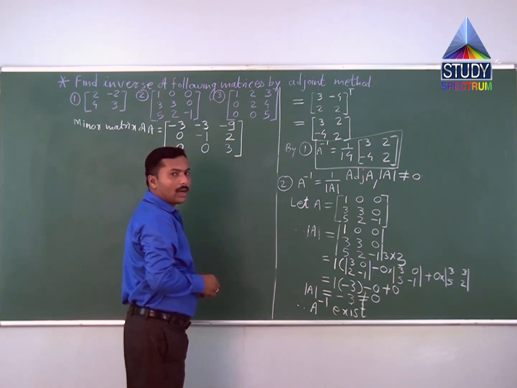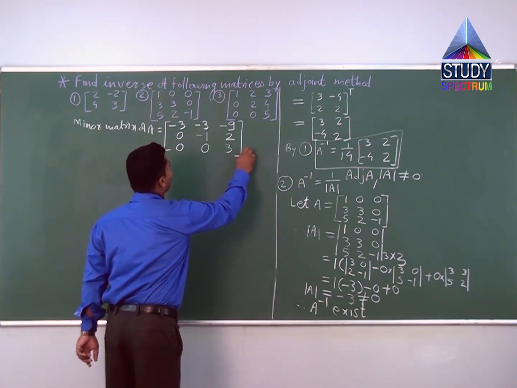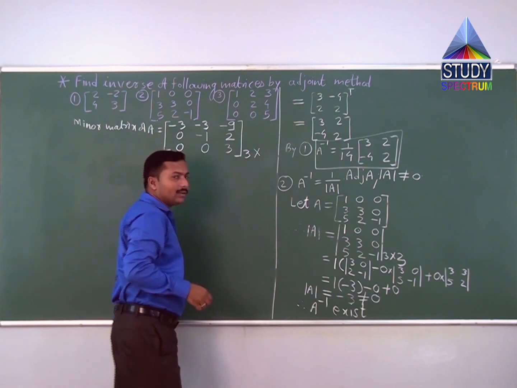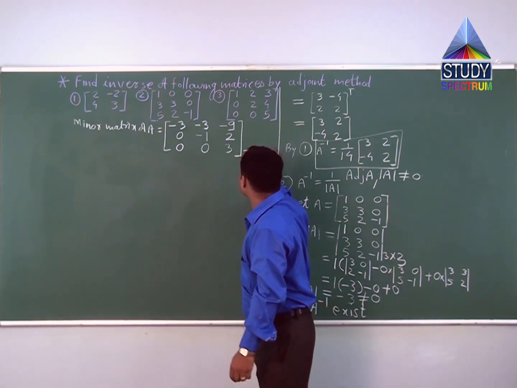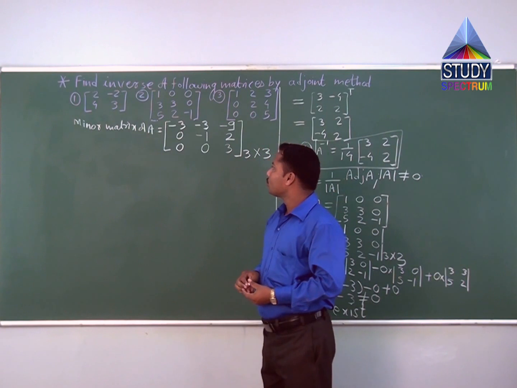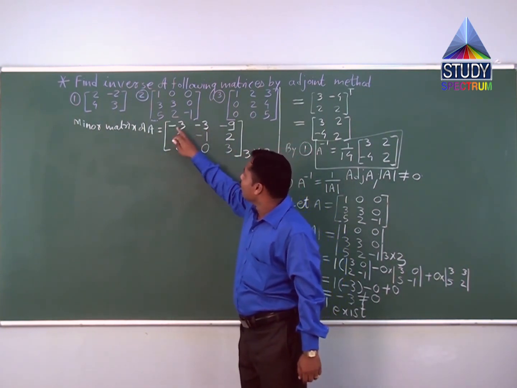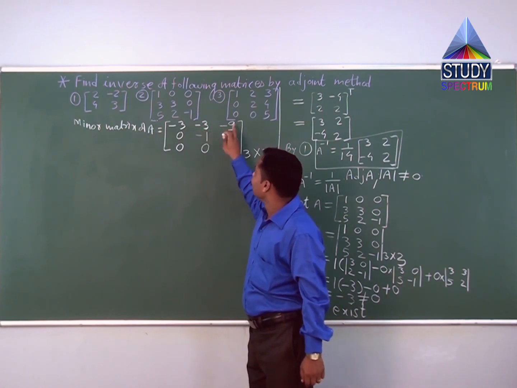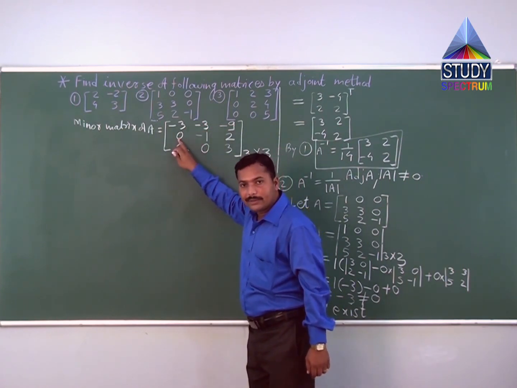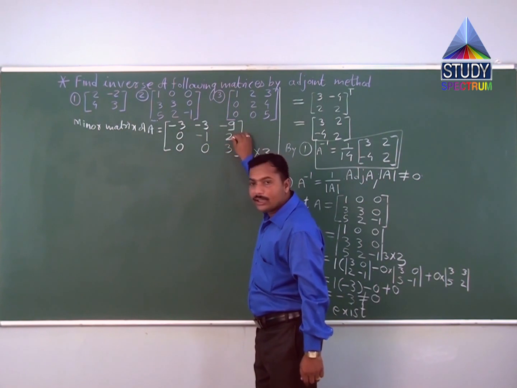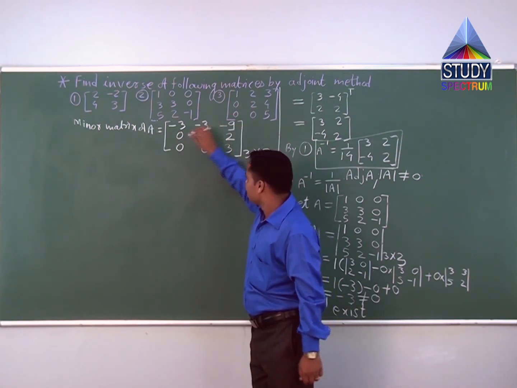By using the minor matrix we find the cofactor matrix. This is a 3 by 3 matrix, so our simple idea is: no change by sign, no change by sign, no change by sign, no change.